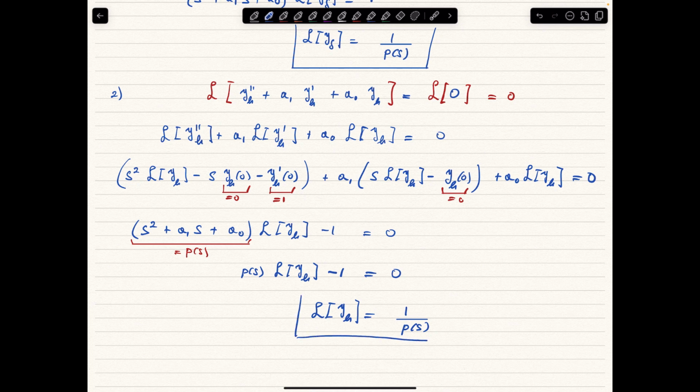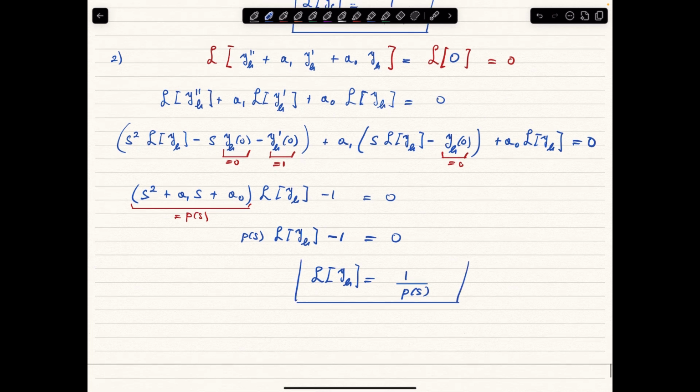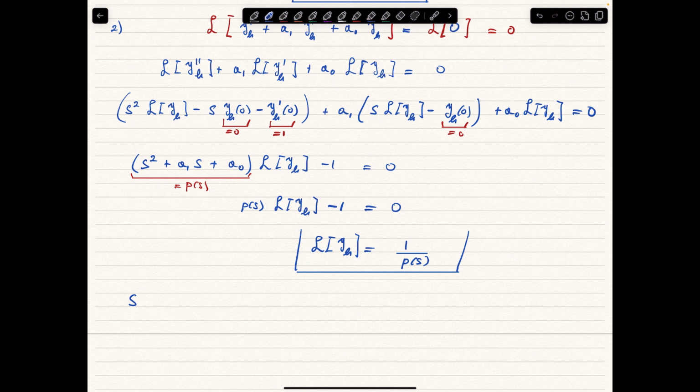As you see, it's exactly the same Laplace transform as the other function. So we conclude that y delta of t is actually equal to yh of t. And that is this exercise.